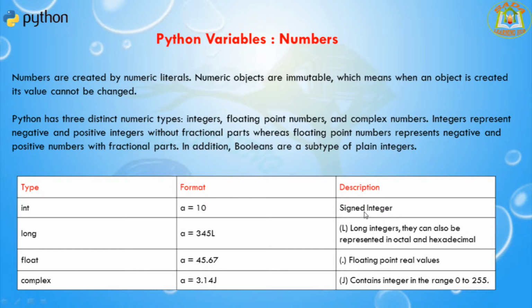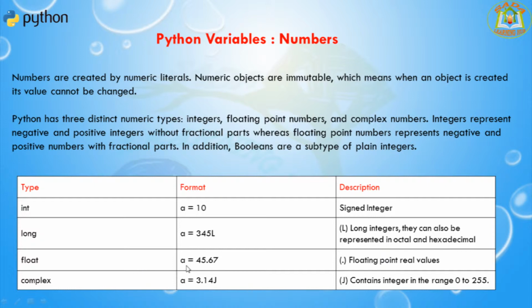If it is an integer type, we write a = 10, which is a signed integer. If it is a long type, we put the number along with a capital L. Whenever you put a number along with a capital L, it is taken as a long integer value. Long integers can also be represented in octal and hexadecimal.